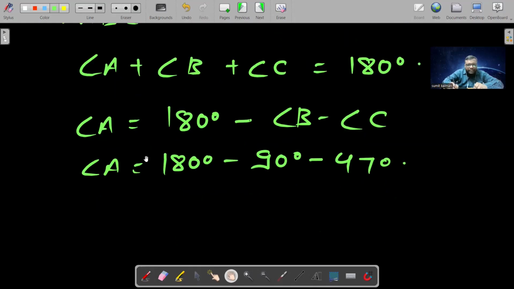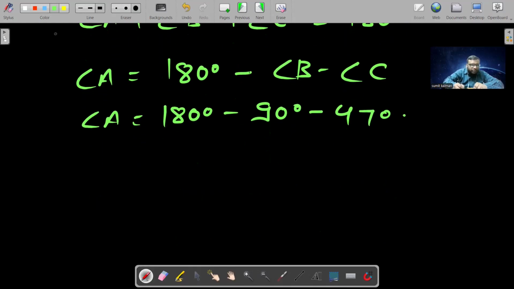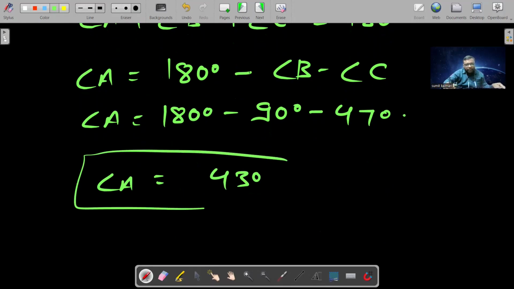If you calculate this, it comes out to be 43 degrees. So students, we have got our angle of prism, and it is 43 degrees.